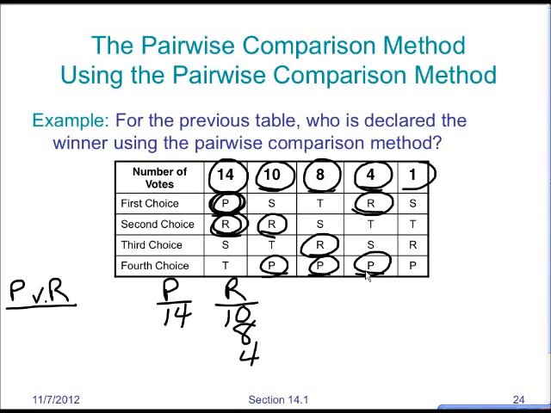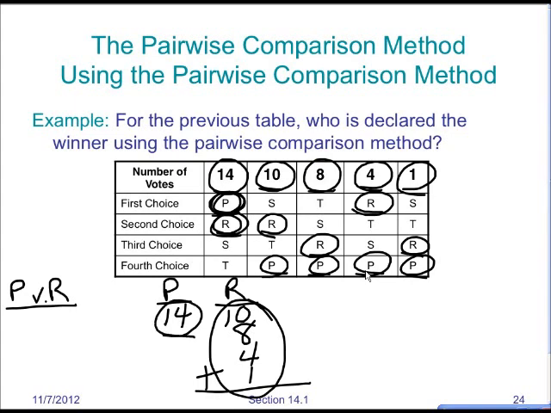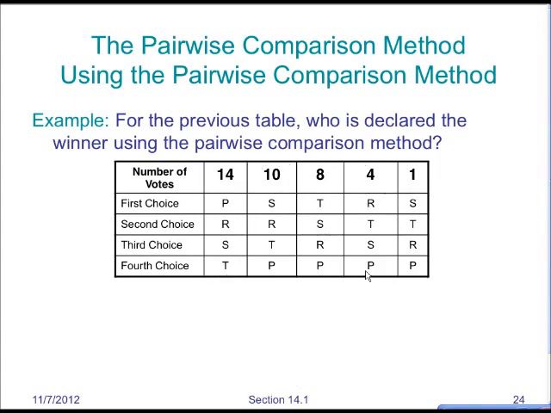And 1 person likes Rita better than Paul. If you add these up, you get 23. So 23 people preferred Rita over Paul, so we're going to give Rita 1 point.